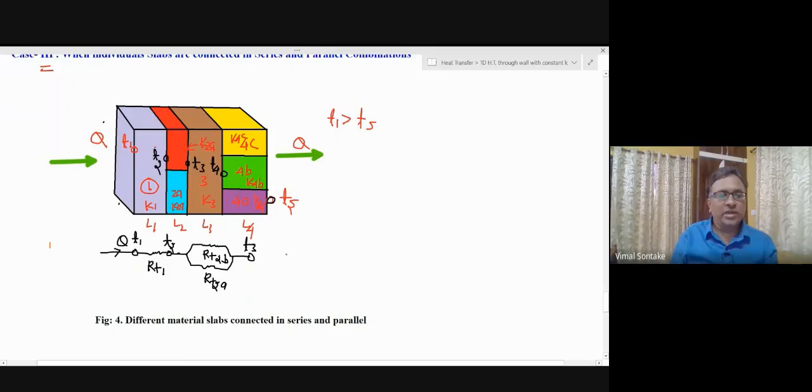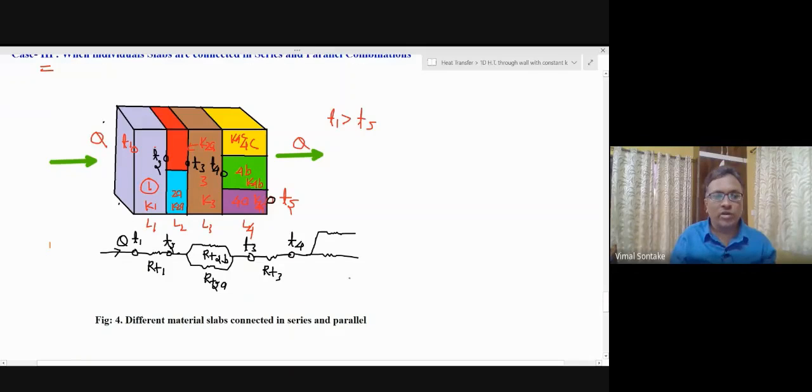Between temperature T3 and T4, there is a single slab of single material. So it is going to offer a single thermal resistance RT3. And between temperature T4 and T5, there are three different materials.